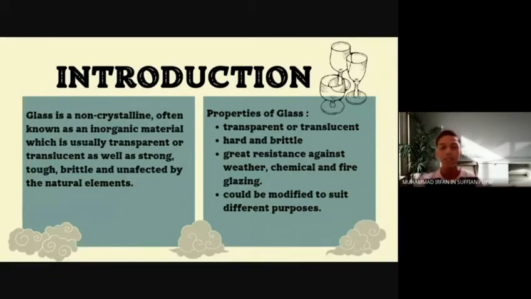Glass is a non-crystalline, often known as an inorganic material which is usually transparent or translucent, as well as strong, tough, brittle, and unaffected by the natural elements.